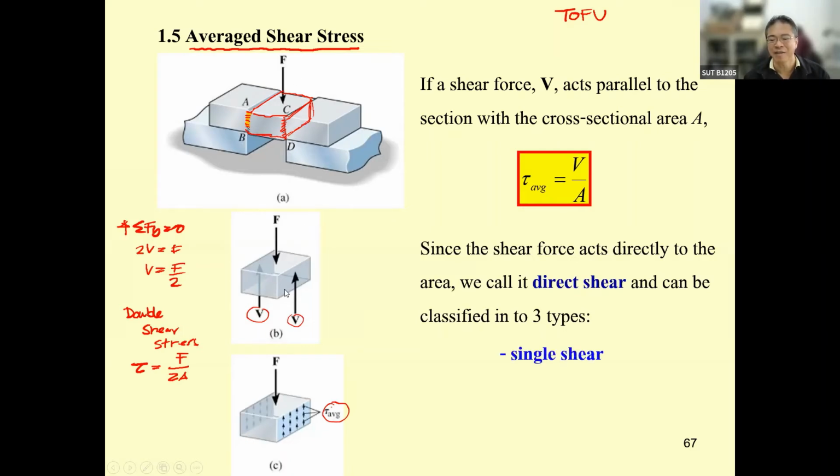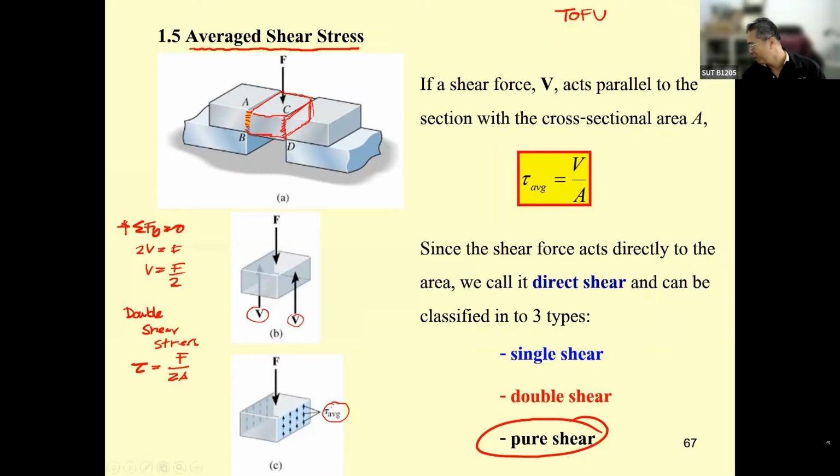There are three types: single shear, double shear, and pure shear. What about pure shear? Pure shear is not hard. You may use a screw to stick the papers together, and then you poke it.